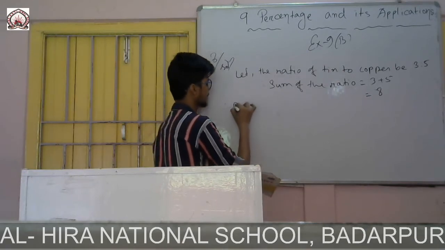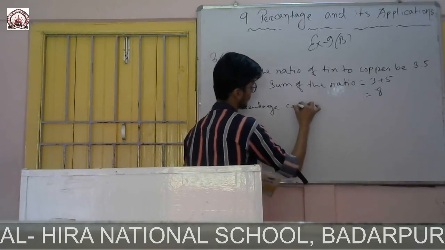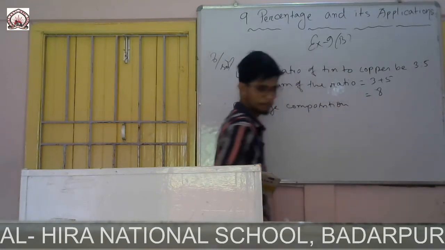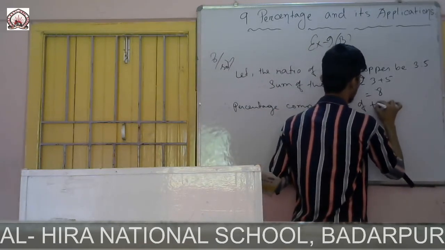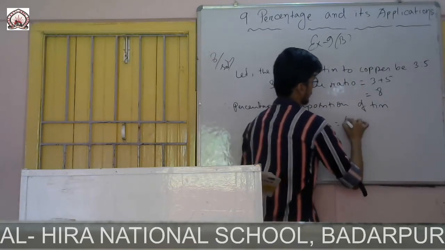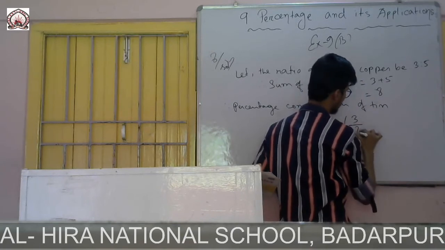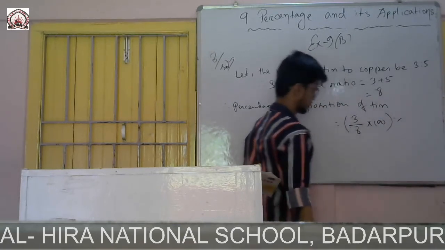Therefore, the percentage composition. First one is tin. The percentage composition of tin is equal to the ratio of tin, which is 3, over the total ratio, 8, into 100%.